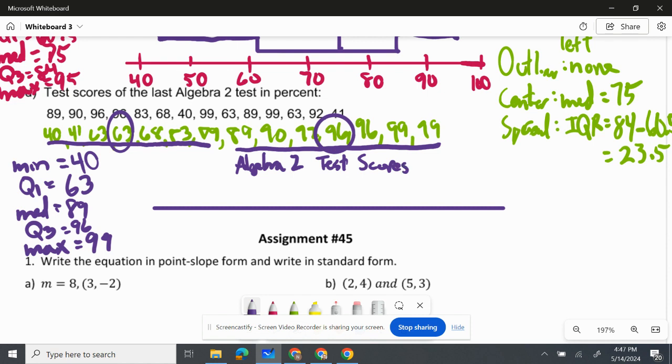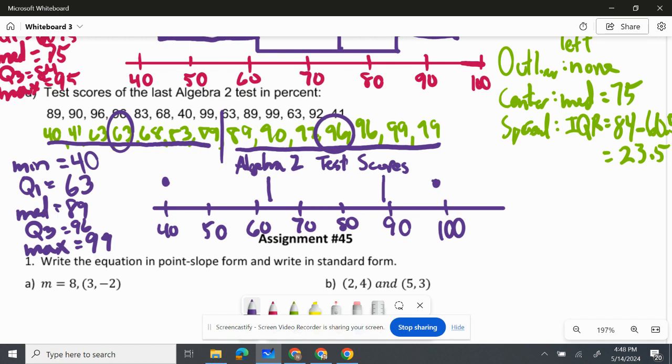And so I'm going to go by tens again: 40, 50, 60, 70, 80, 90, and 100. I put a dot at 40, put a dot at 99. I have 3 lines. I have 63. I have 90. I have the 89. And I have the 96.